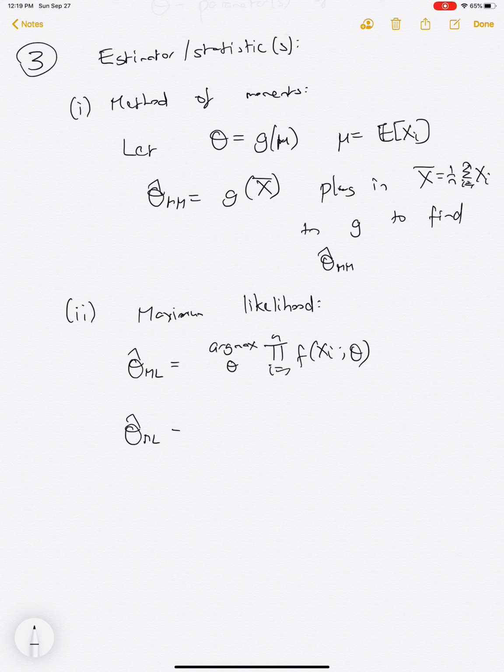You could also write it out in terms of logs, which often made the calculations much easier, and we saw the value of looking at logs. You typically had to do this by differentiating and setting things to zero. So differentiation was certainly a very widely used tool when we were talking about maximum likelihood estimation.